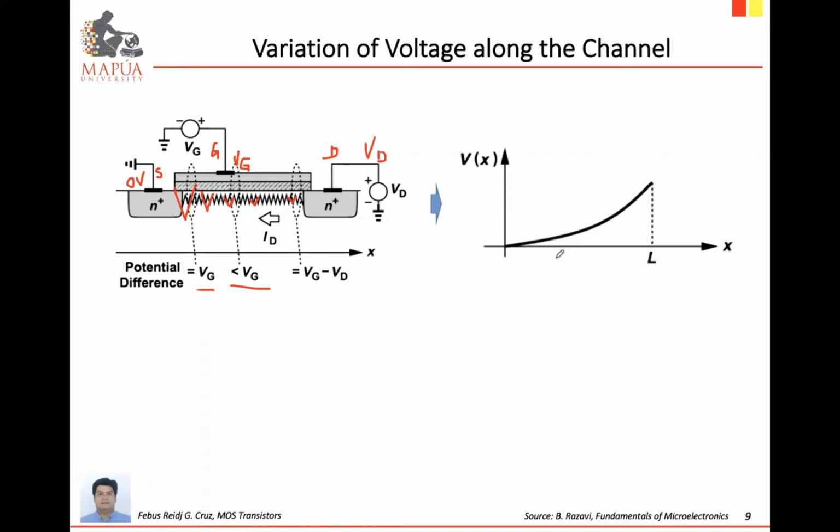Having said that, this would be the distance along the channel, and this will be the voltage along the channel. So at a distance equal to 0, going to a distance equal to the transistor length. From the cross-section, it indicates that the drain current is flowing in this direction.